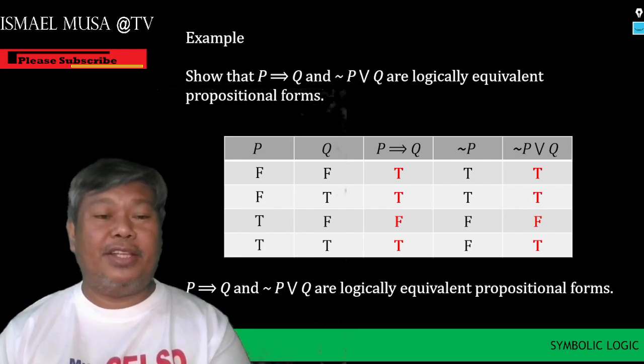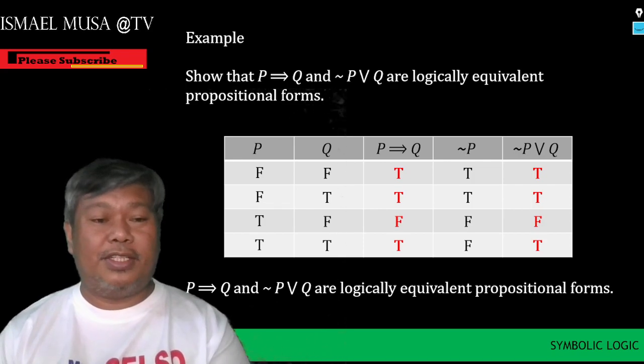So we have P, Q. Then P implies Q. An implication is only false if the hypothesis is true and the conclusion is false. So this is false. Then we have not P. We simply negate this: false, false, true, true.